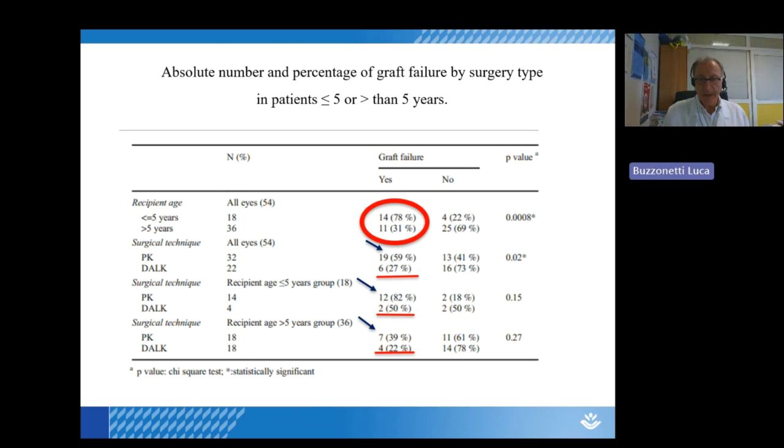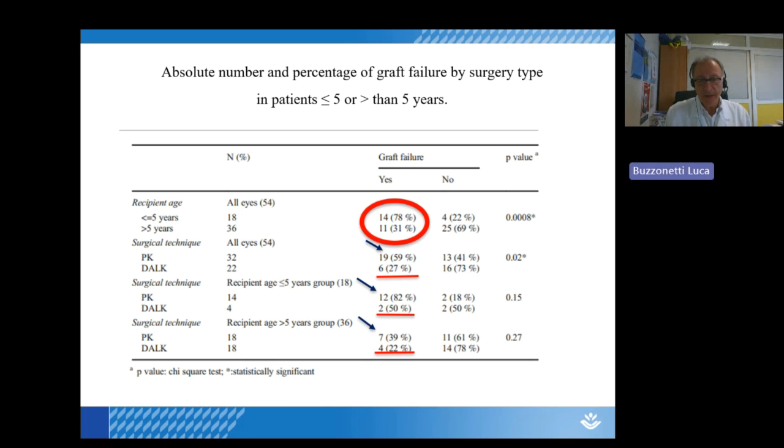Summarizing our results, for patients younger than 5, we observed a graft failure in 80% of cases. So the age of 5, in our experience, represents the threshold for performing a keratoplasty.